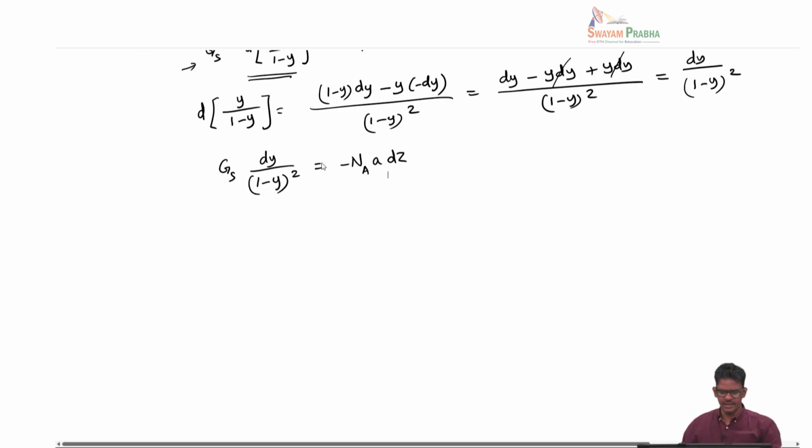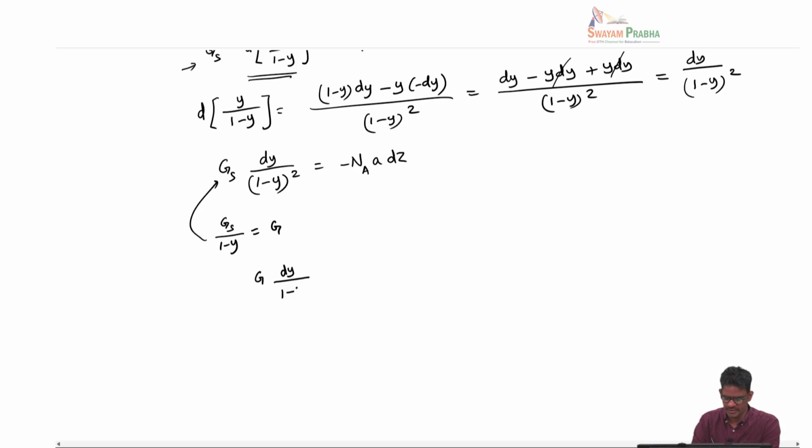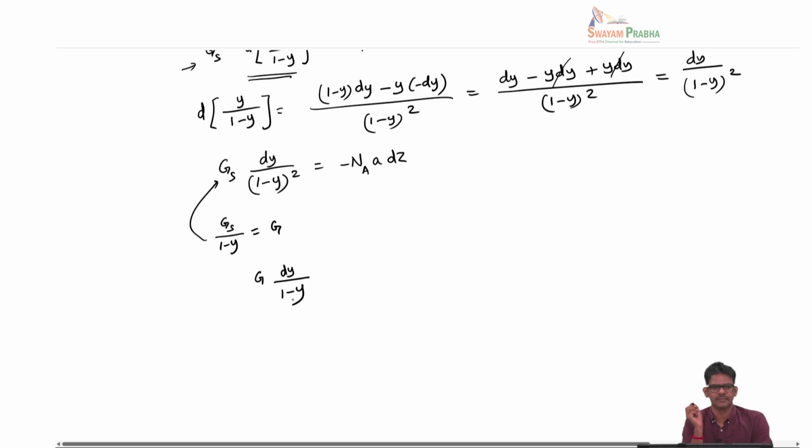So now I have only one variable here, and one more thing we can do is substitute back again the formula that Gs by 1 minus y equals G. So, using this again, I can write G times dy by 1 minus y, right.